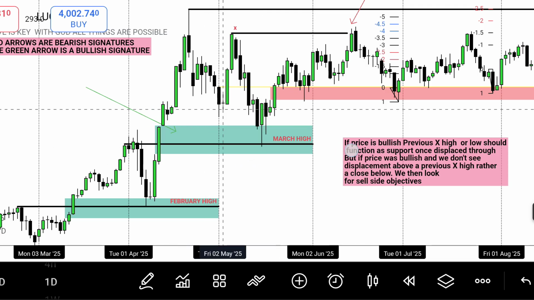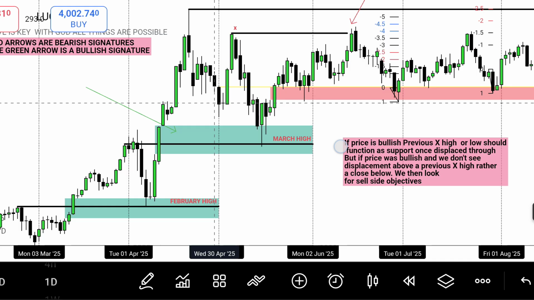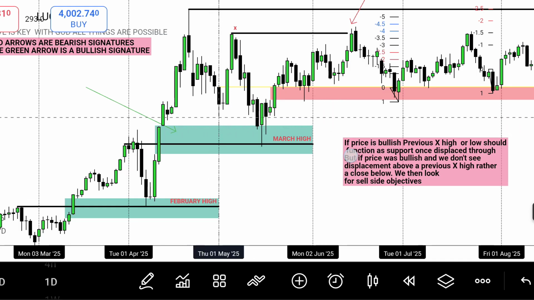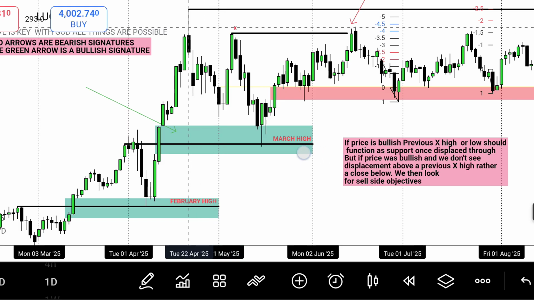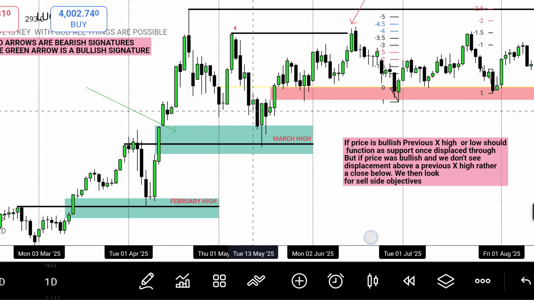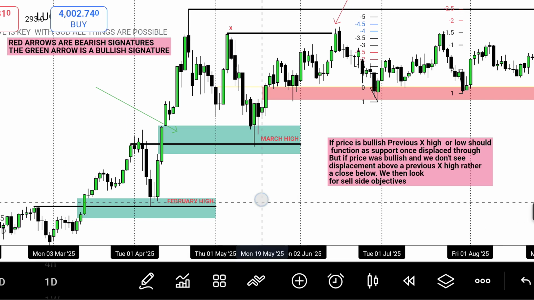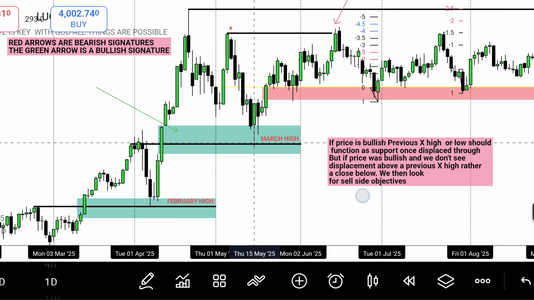I'll see that price rejects from the open. I'll see bullish continuation to the upside. We stop exactly at the rejection block, form the high. We saw price drop lower into March high. And what did we do when we got to March high?